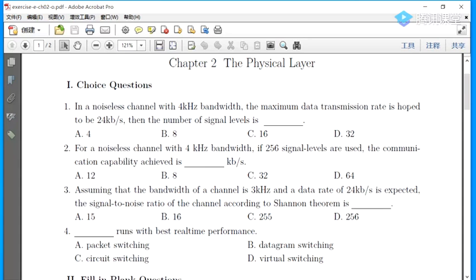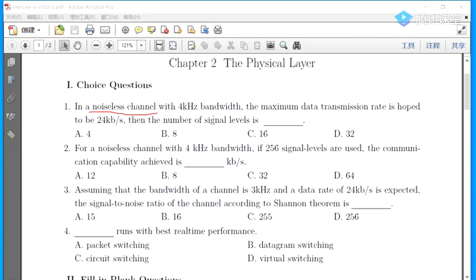A, B, C, or D? Noiseless channel, right?